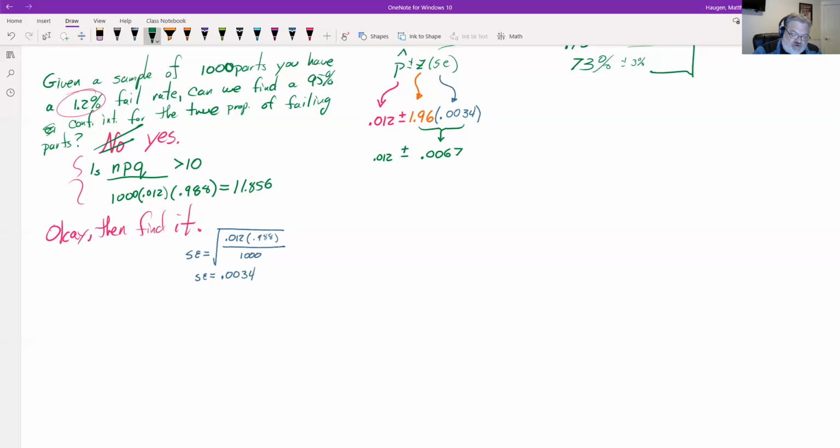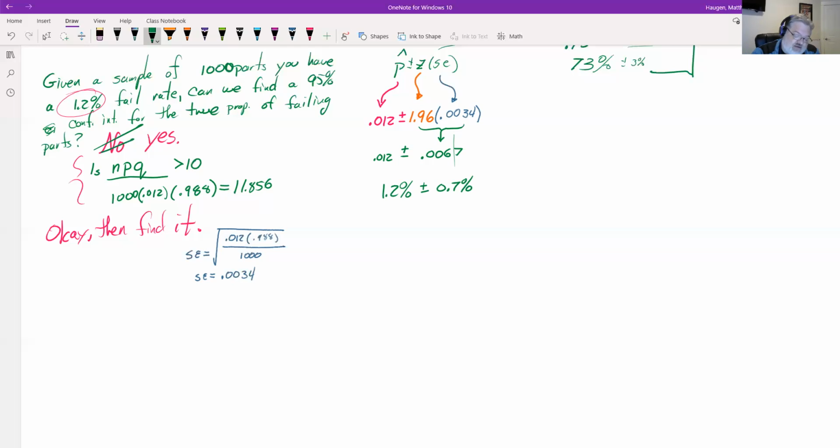So depending on how we want to round, let's say we're rounding to 3 decimals, that would be a 1.2% plus or minus 0.7% if we wanted to round our proportions to 3 decimals.